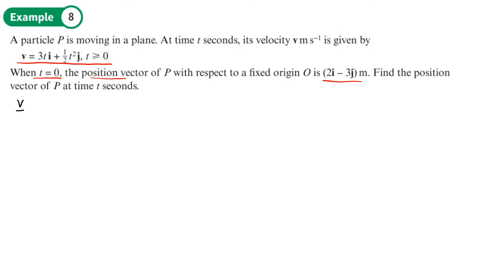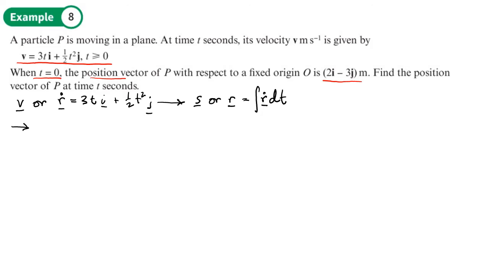We've got the velocity vector, which we could write as r dot equals 3t i plus half t squared j. We need to work out the position vector, so you could use s or you can use r, and that's going to be equal to what we get when we integrate our velocity with respect to t.